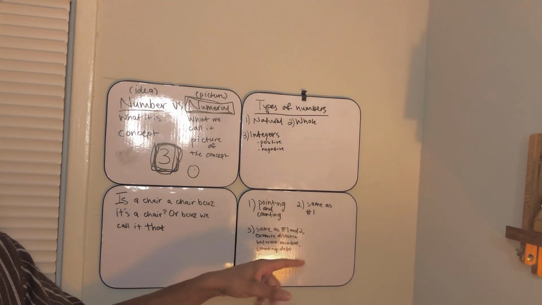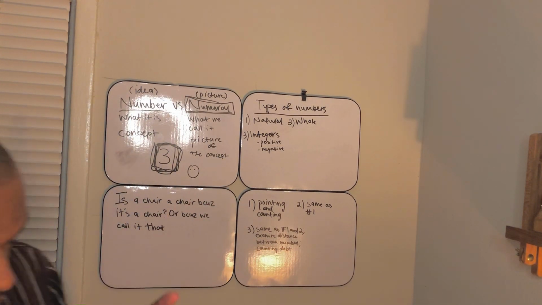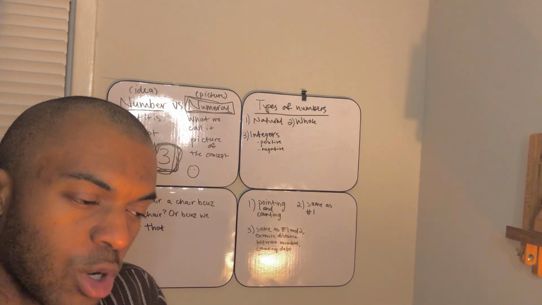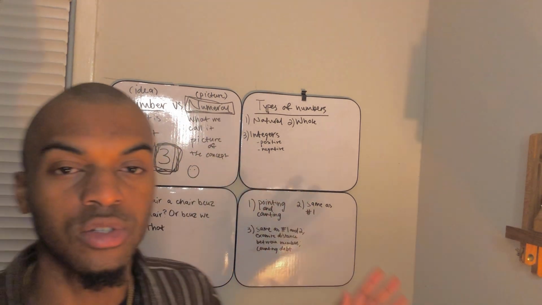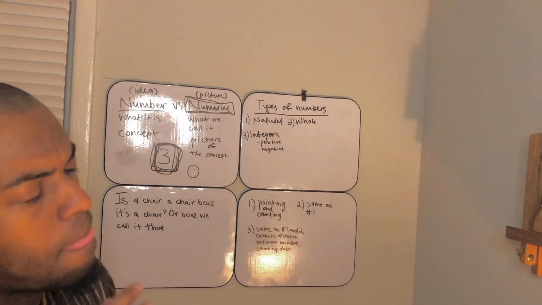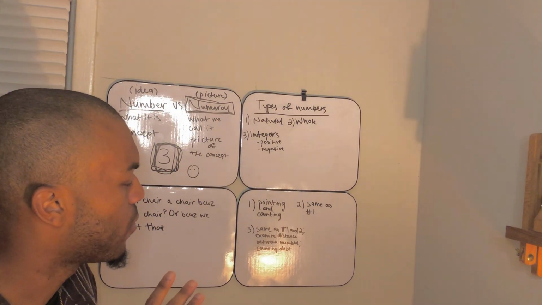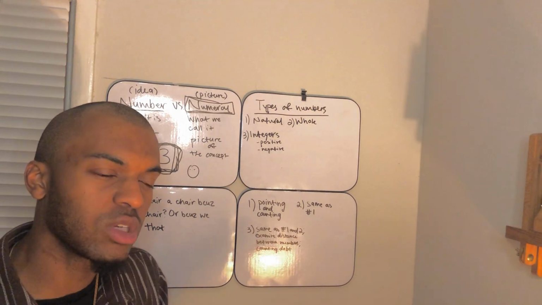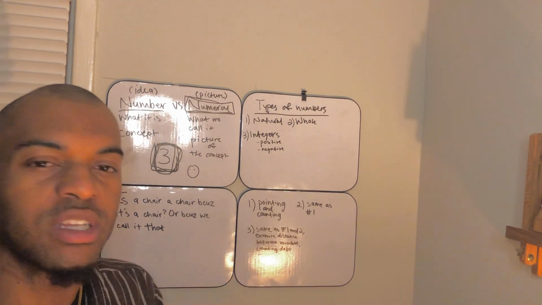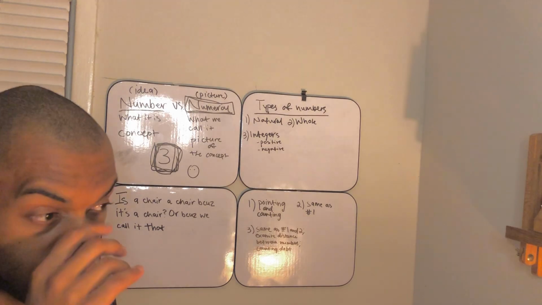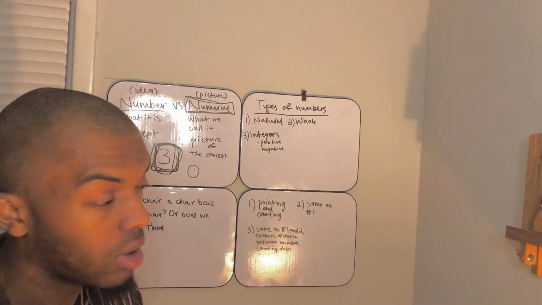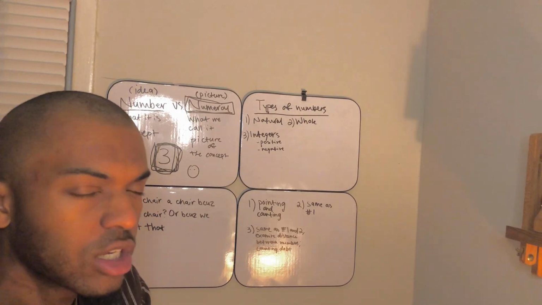But now, there's another type of integer called negative integers. Now, how do you go a negative distance? That's a good question.